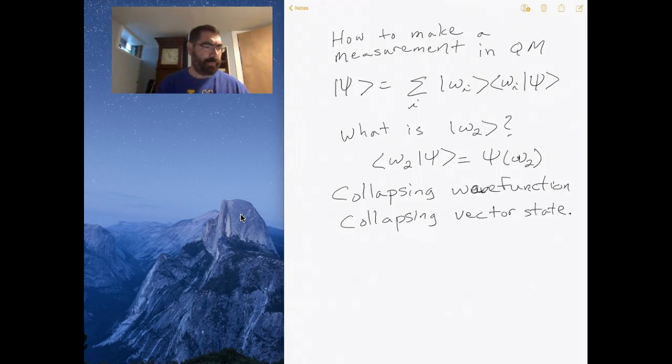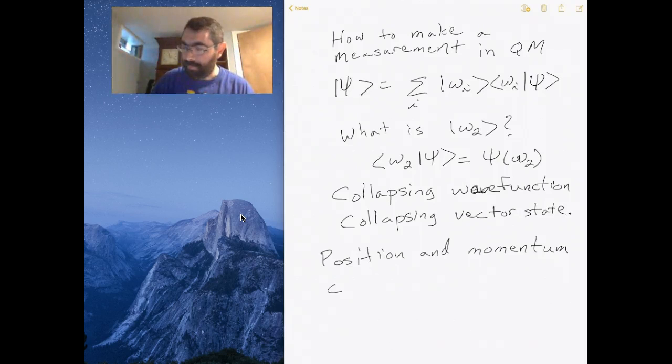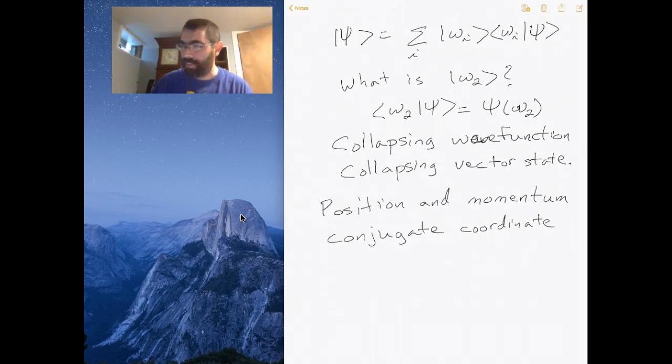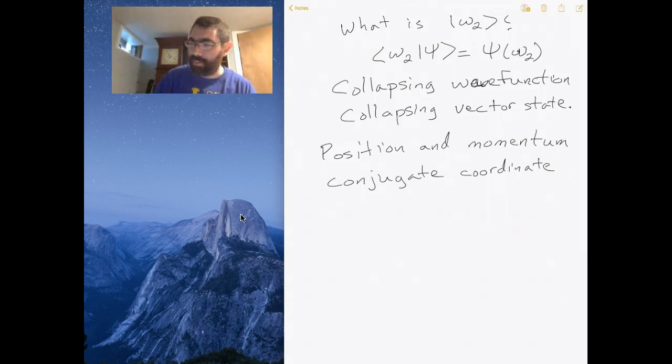So again, if we look at something like position and momentum, these are conjugate variables, or conjugate coordinates, which means they're related to each other. Mathematically, what we could do is write down, what is the momentum state P?